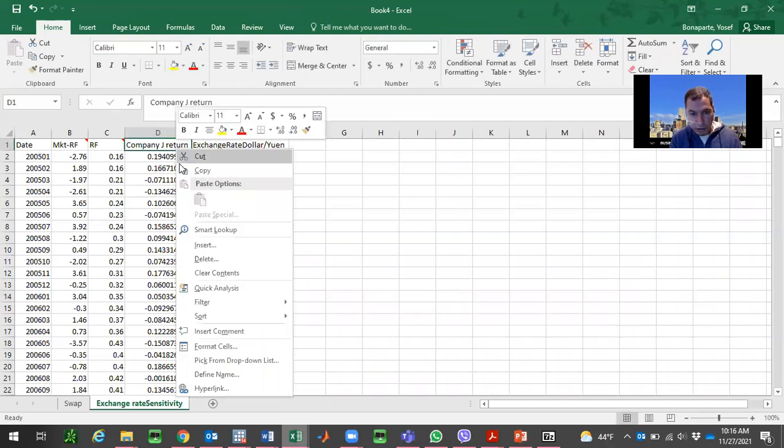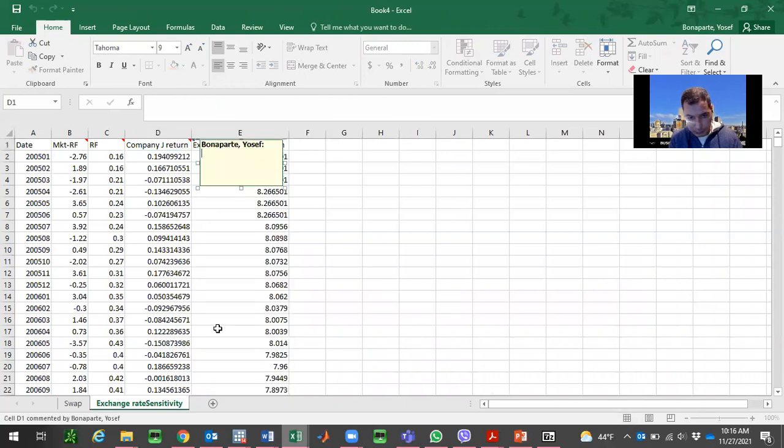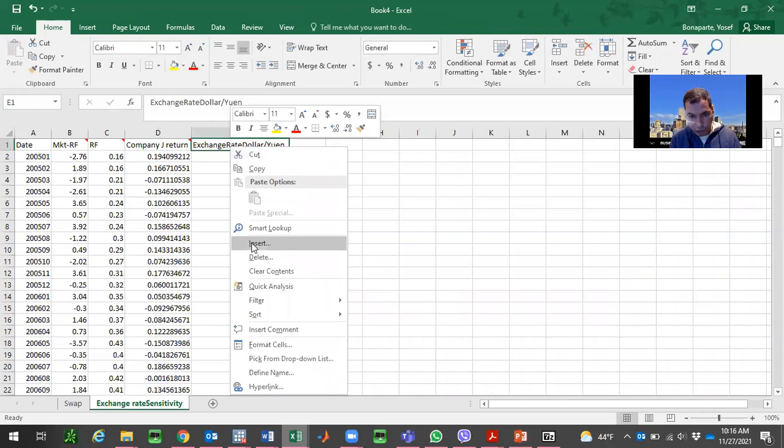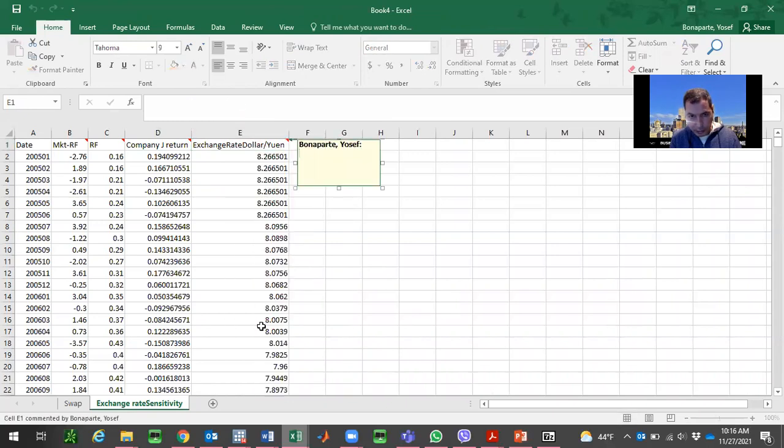This is company J return. And this is the exchange rate, the yuan dollar exchange rate. Good. Very good. We're done.